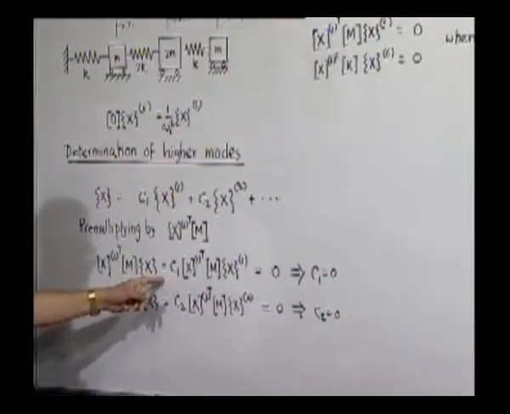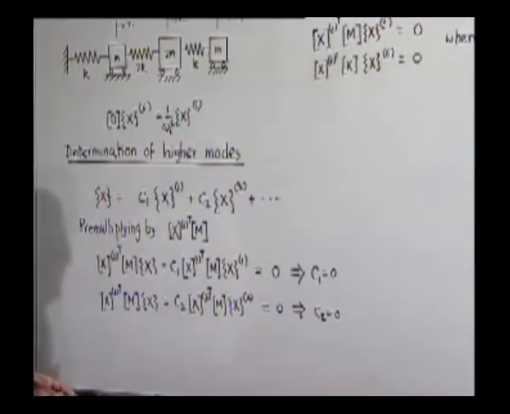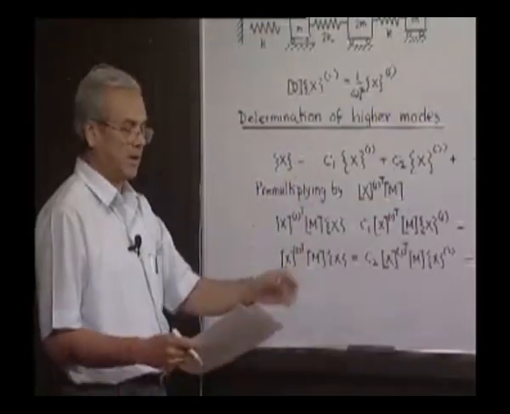So when both these equations are satisfied, both C1 and C2 have been stripped out, and only C3 is left. Then if we do the iteration, we will go to the third mode.